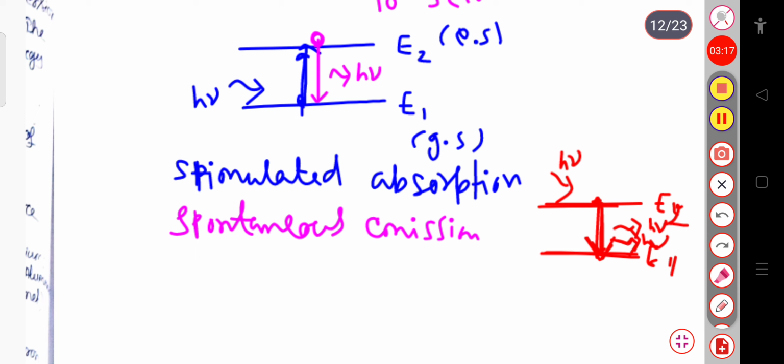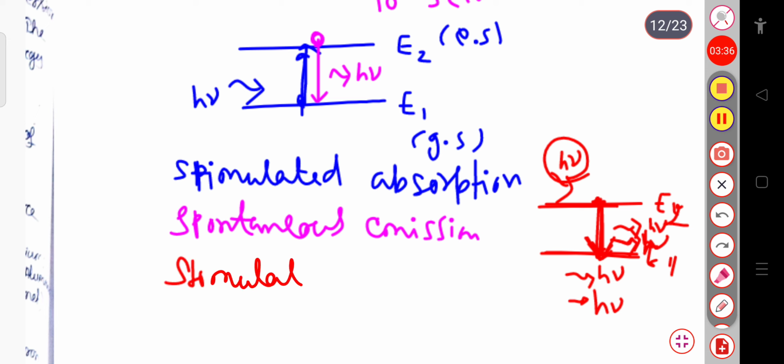One hν is emitted as it jumps to the lower state, and since it absorbed this energy, it also emits another hν. So this process is called stimulated emission.